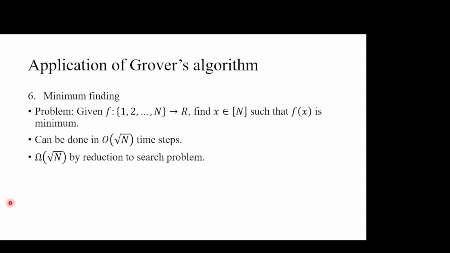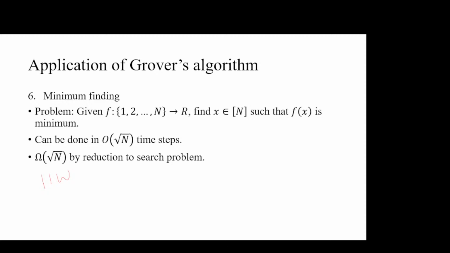Then finally we have an easier problem to do. You can also use Grover search algorithm to do minimum finding. I would say it's a pretty useful algorithm because you can use it to construct other algorithms.